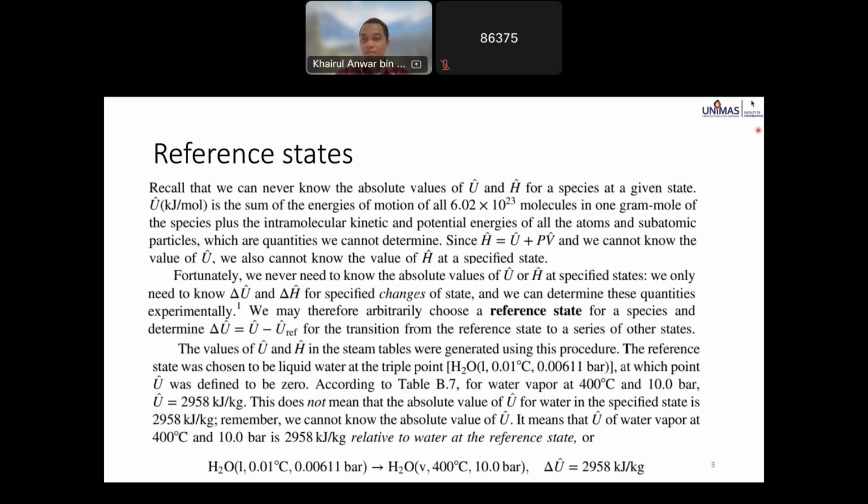So continue, talking about reference state. Why do we need to choose a reference state? Because we need something to compare with when we do the calculation. So normally we choose the reference state based on the inlet temperature.